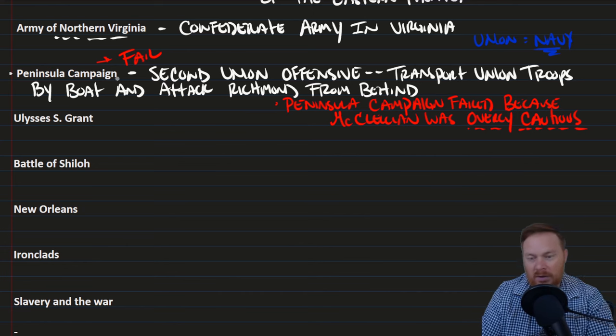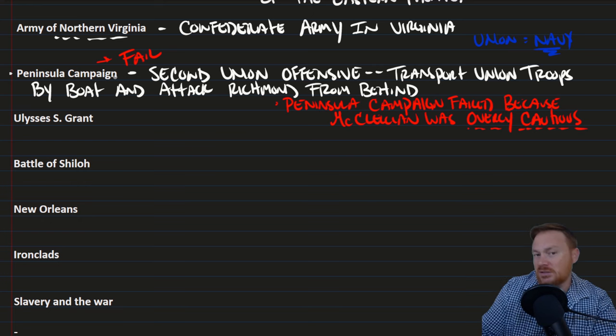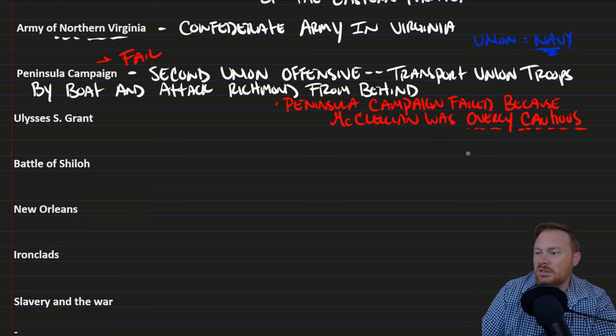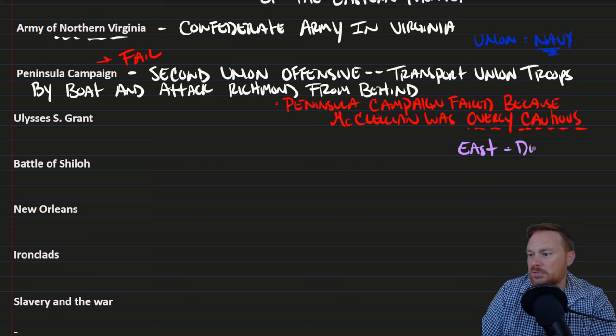And the Peninsula Campaign is not successful in capturing the Confederate capital city of Richmond. And so, especially for expectations, this is very, very bad for the North because the North is supposed to have all the advantages. And if this war was to end quickly, it should have ended by now in a Union victory.